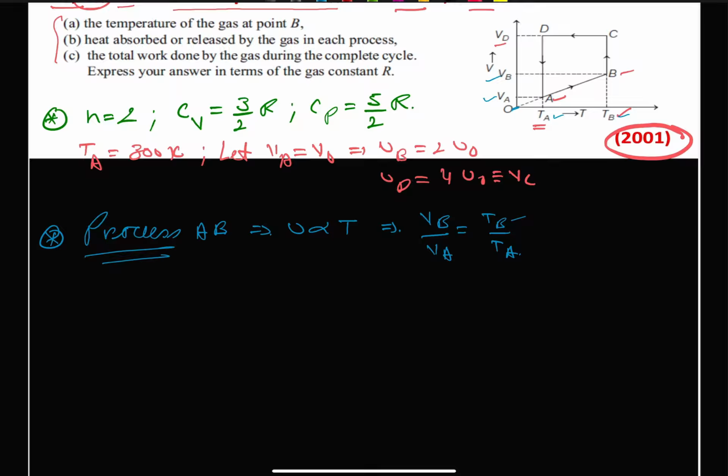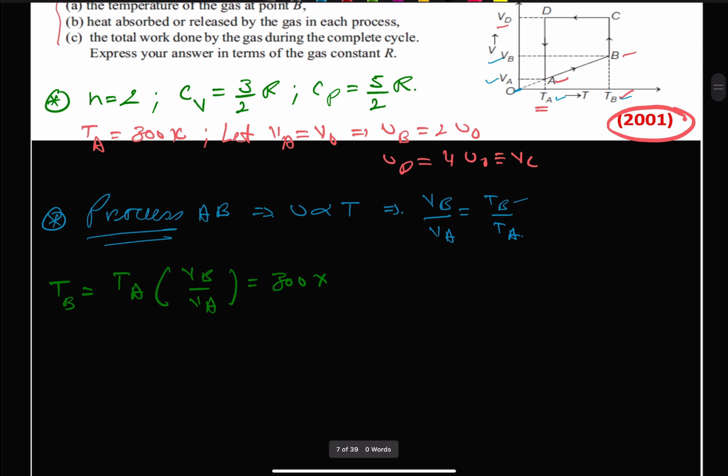Then from here we can write TB will be equal to TA times VB upon VA, and we simply substitute the values. TA is 300 Kelvin, and the ratio VB by VA is 2.